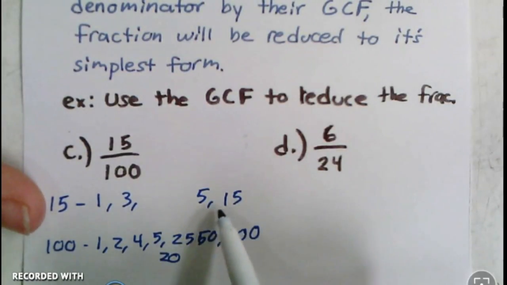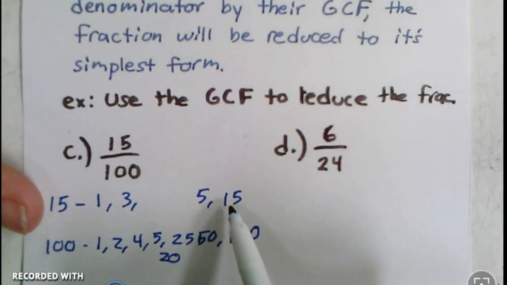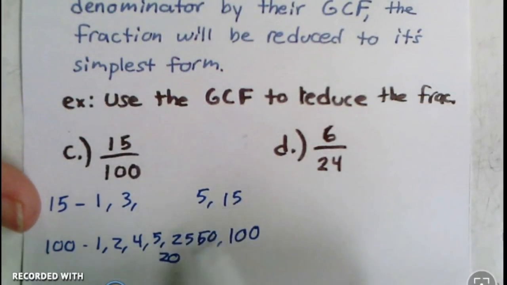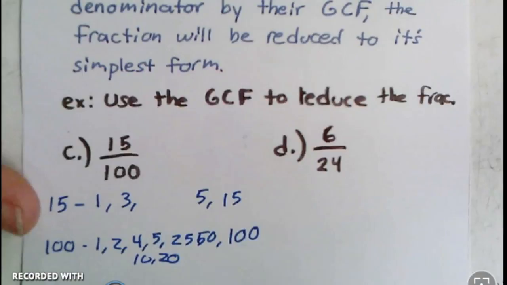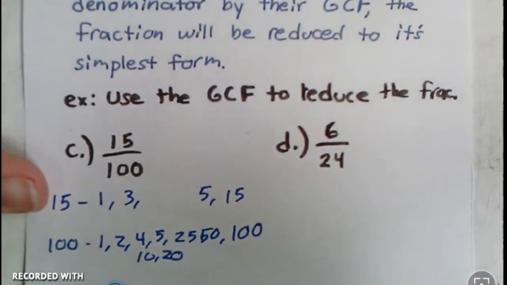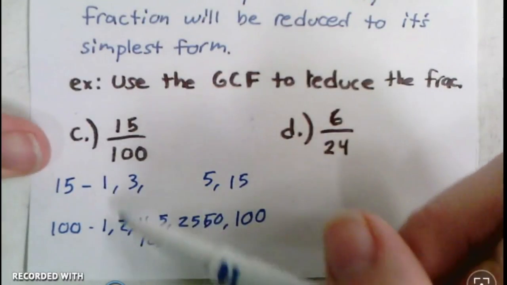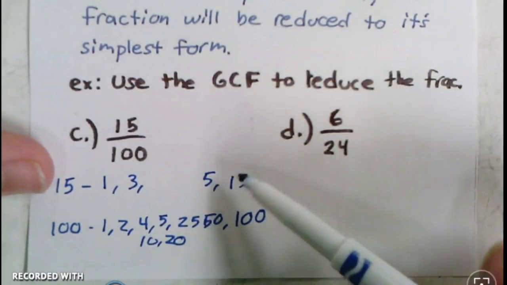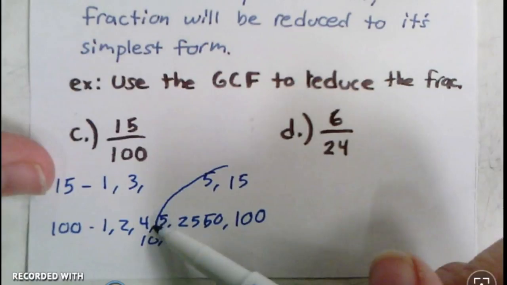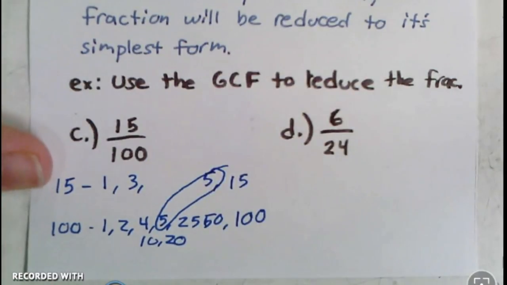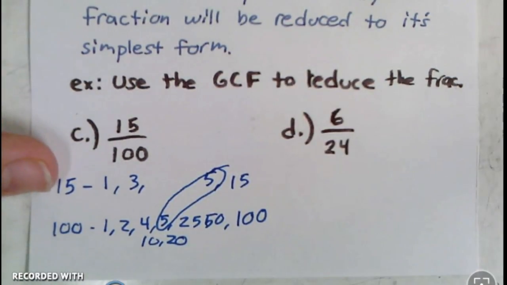There are no factors between 5 and 15. So is 15 a factor of 100? No, it is not. So, since I know that 15 is not a factor, if I circle the ones it has in common, it has 5, and that is our greatest common factor.